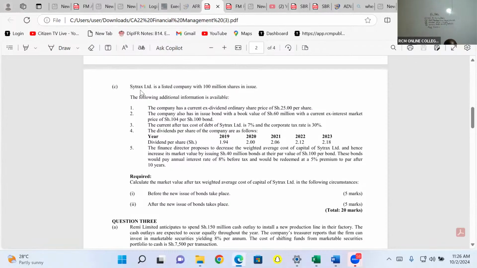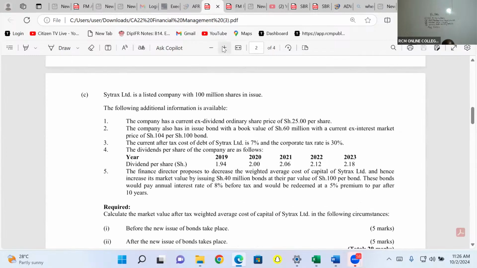August 2024, question number 2C, Co Limited. Co Limited is a listed company with 100 million shares in issue. The following additional information is available. The company has a current ex-dividend ordinary share price of 25, so they've given us the market price per share, which is ex-dividend.